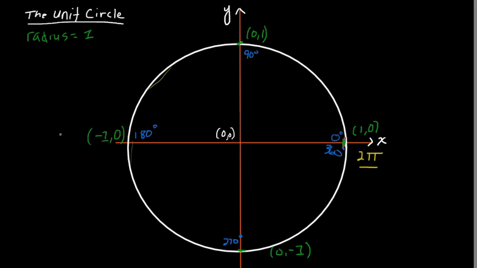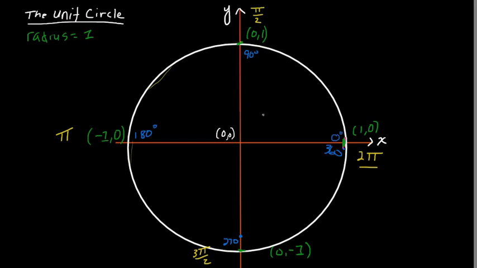At 180 degrees, we know that it's pi radians because it's halfway around, 2 pi all the way around. And then at 90 degrees, it's going to be 1/2 pi, or pi over 2. And down here, it will be 3 pi over 2, which is the same as 1.5 pi.